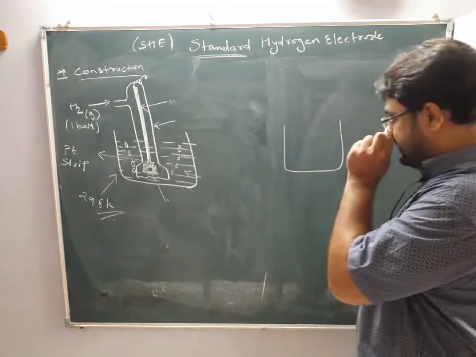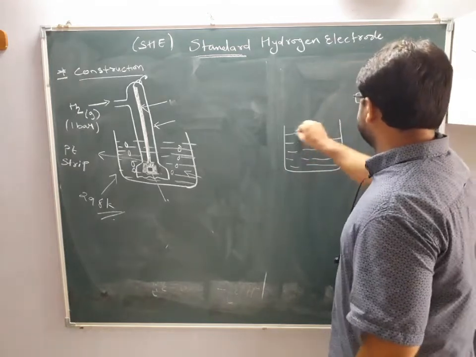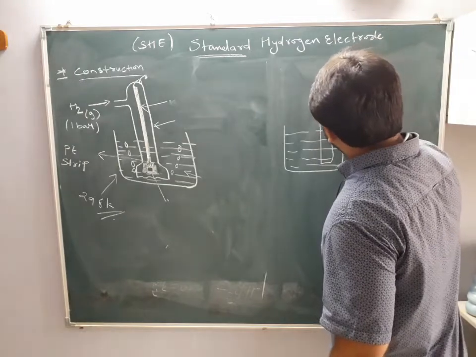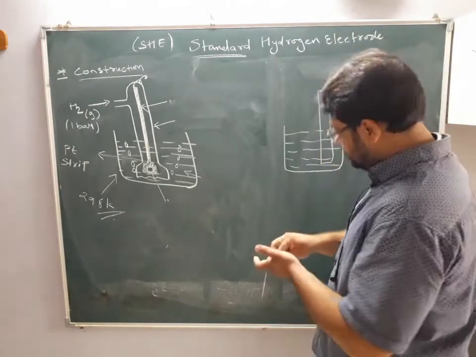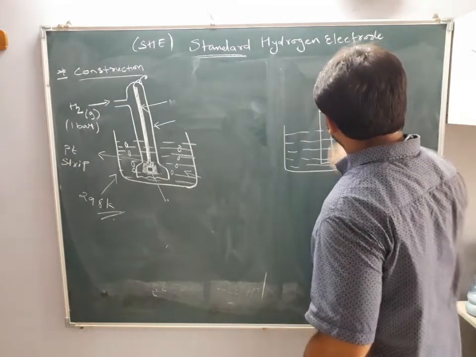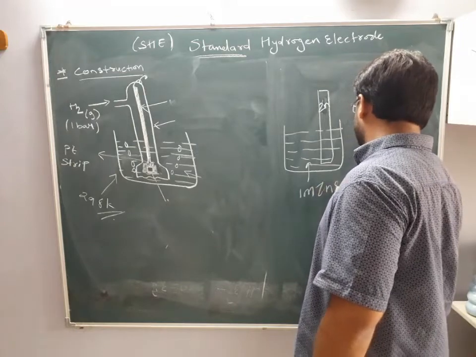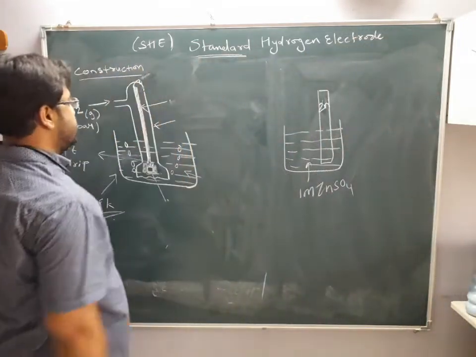I will take zinc sulfate. And I will put here a zinc rod. So this is a zinc rod, and this is, I say, 1 molar ZnSO4 solution. Okay, and this is the standard hydrogen electrode.